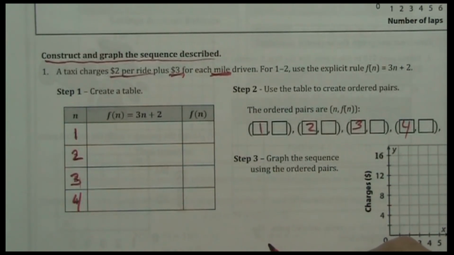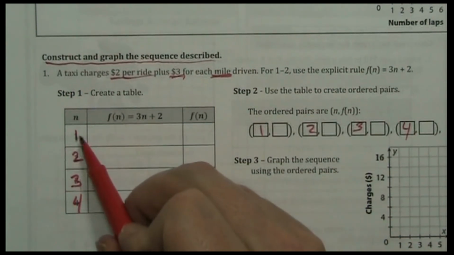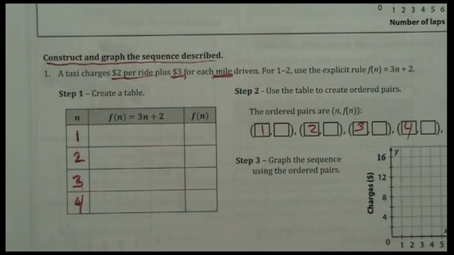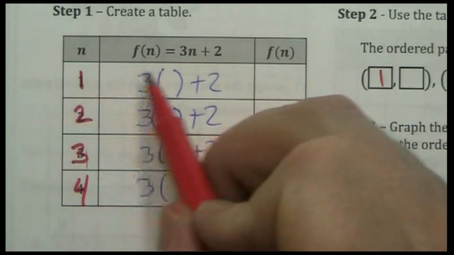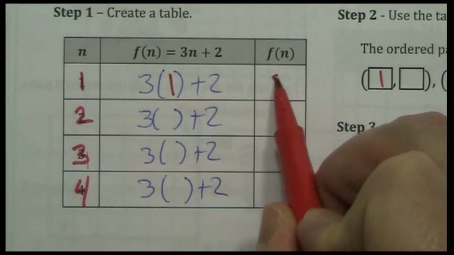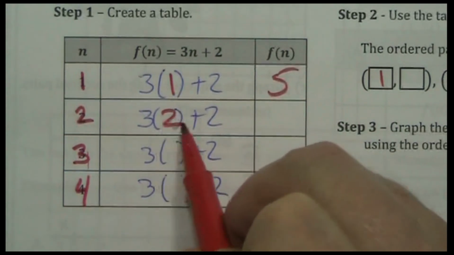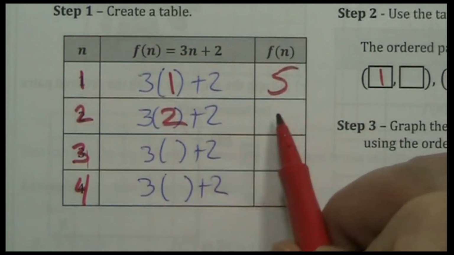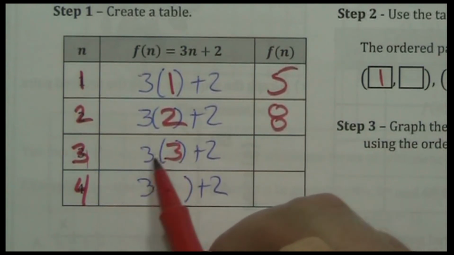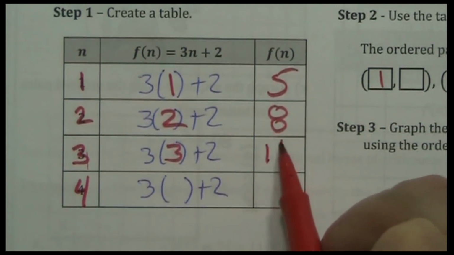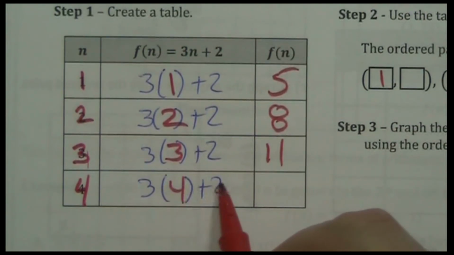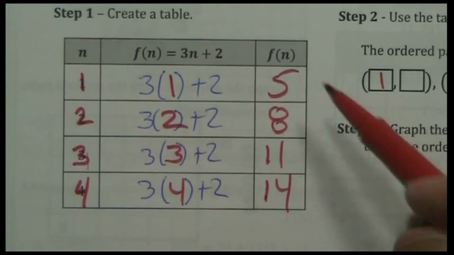How much is it going to cost? All right, so what you do is you plug the number in there for the variable. And so if I do that, if I put a 1 in there for the letter N, 3 times 1 is 3 plus 2 is 5. If I put a 2 in there, that makes 6 plus 2 is 8. If I put a 3 in there, 3 times 3 is 9, plus 2 is 11. If I put a 4 in there, 3 times 4 is 12, plus 2 is 14.